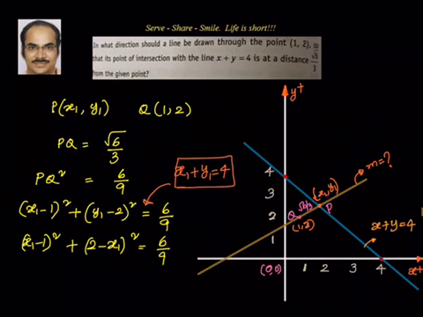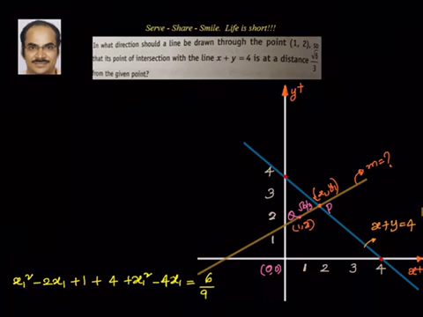Let's open this up now. x1 square minus 2x1 plus 1 plus 4 plus x1 square minus 4x1 is equal to 6 by 9. Now we'll simplify this and multiply with 9.